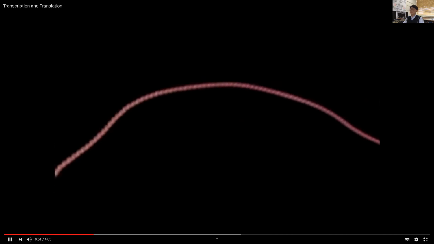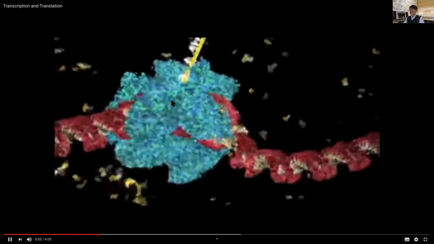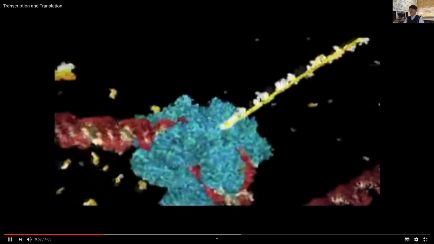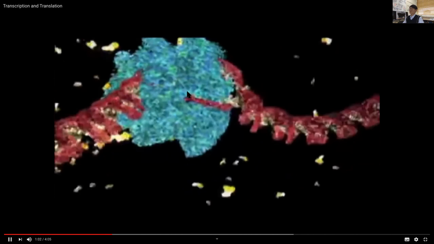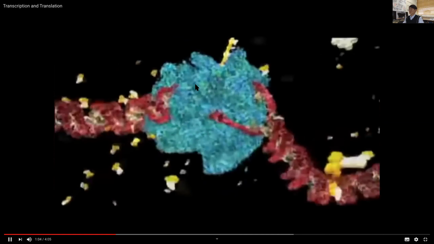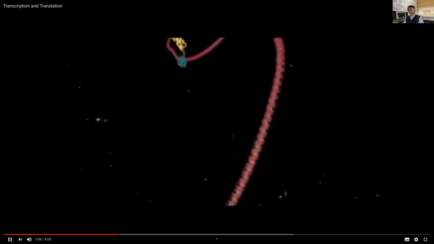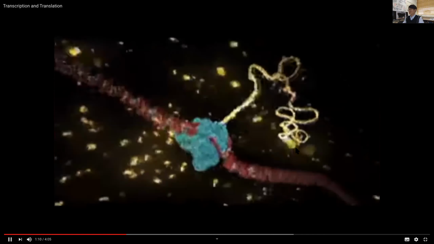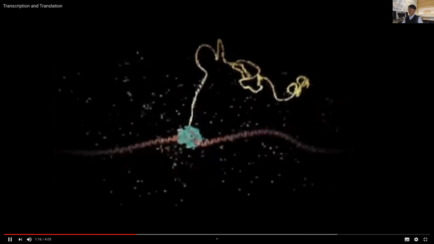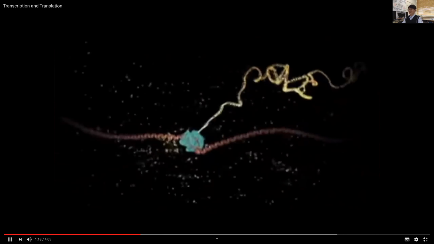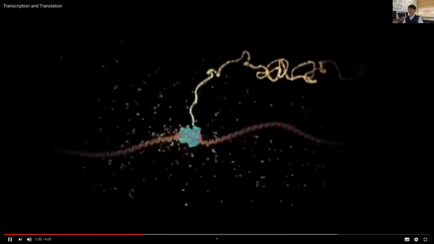The blue molecule racing along the DNA is reading the gene. It's unzipping the double helix and copying one of the 2 strands. The yellow chain snaking out of the top is a copy of the genetic message, and it's made of a close chemical cousin of DNA called RNA. The building blocks to make the RNA enter through an intake hole.